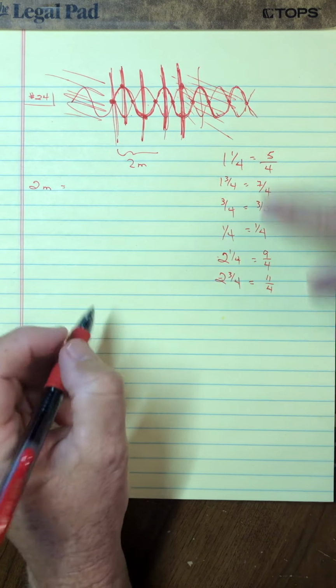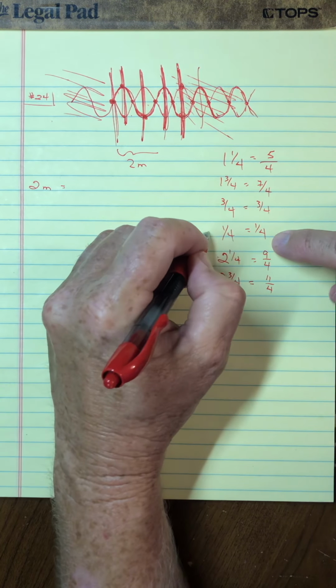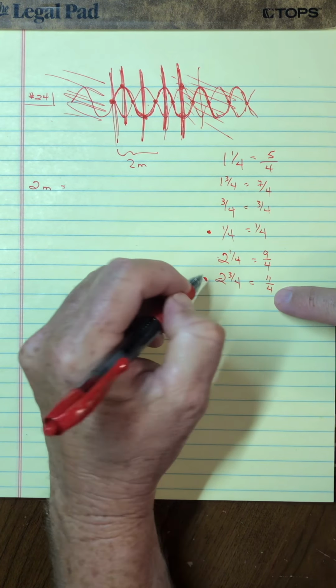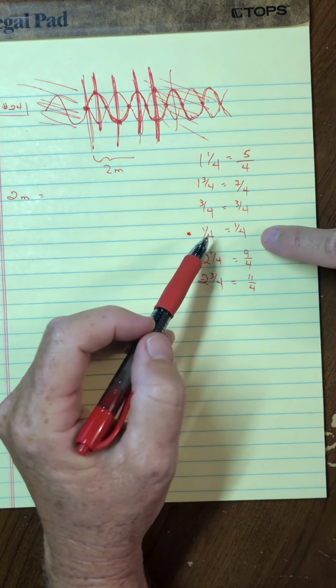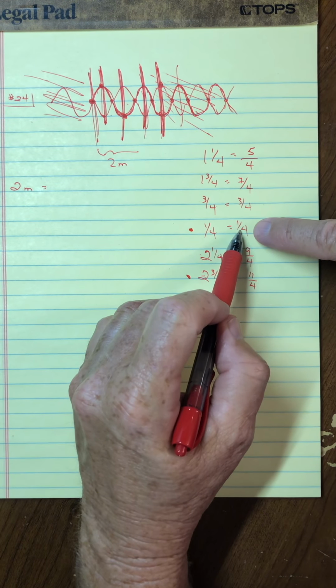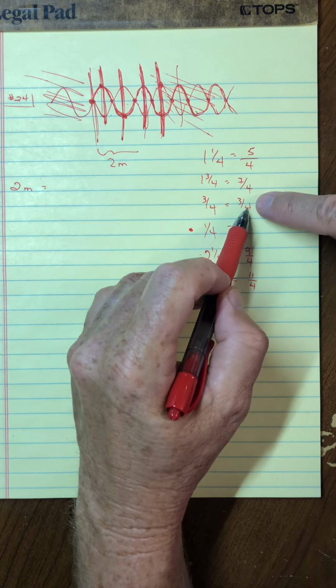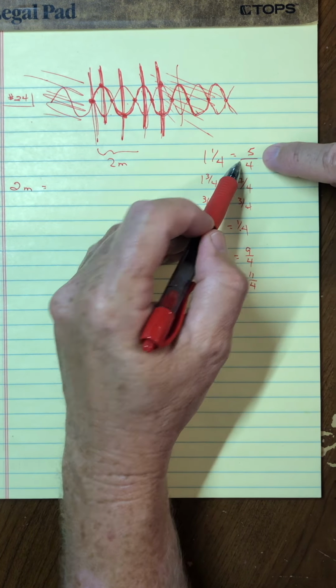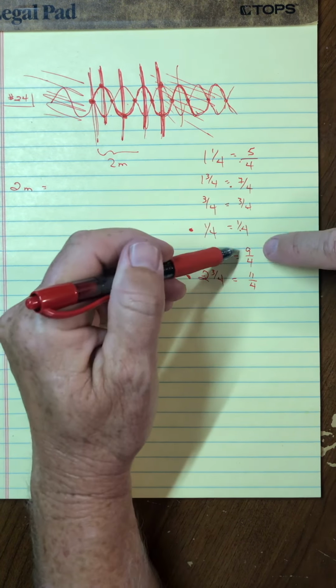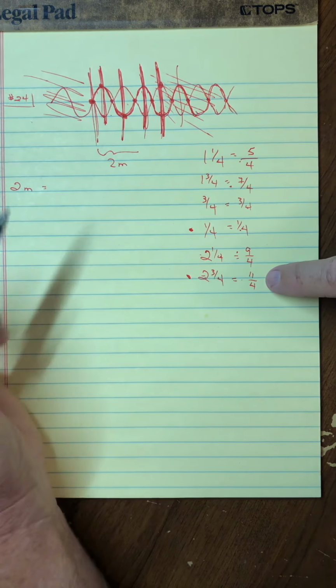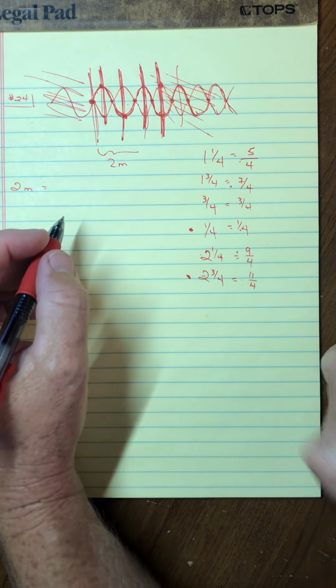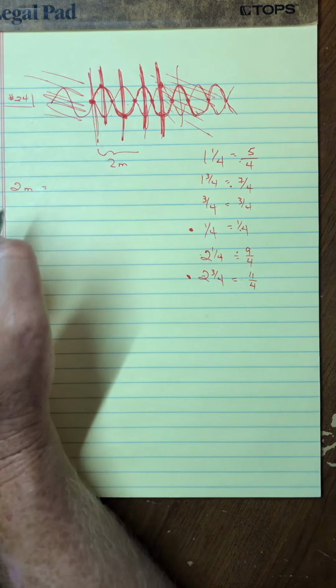Now, I didn't put them in order, but if you go in order from the smallest right here to the biggest right here, you'll see a pattern mathematically. You'll see 1/4, then 3/4, then 5/4, then 7/4, then 9/4, then 11/4. And so what you have is an odd integer over 4.